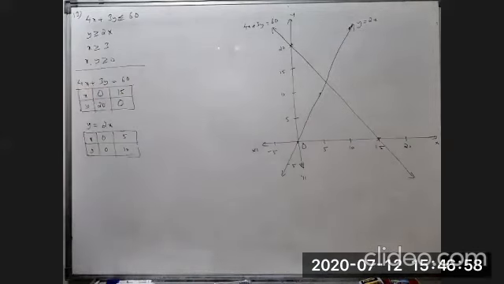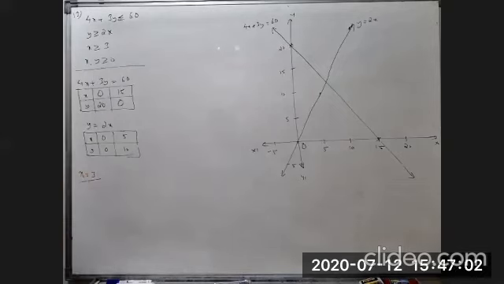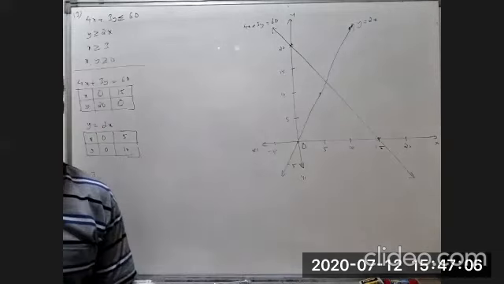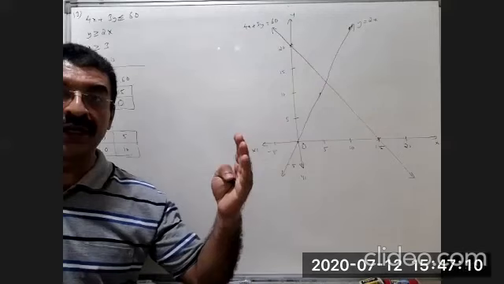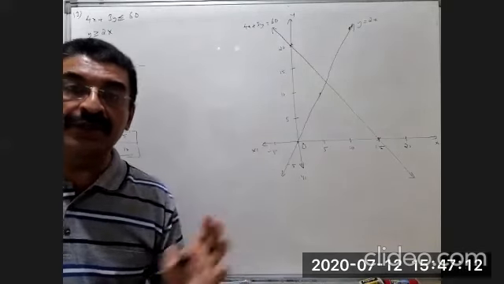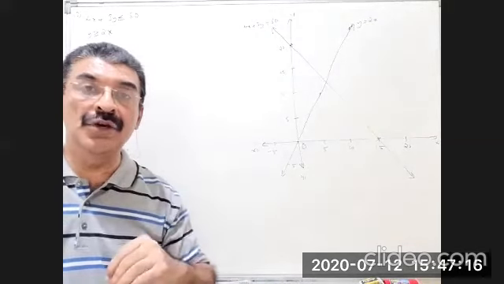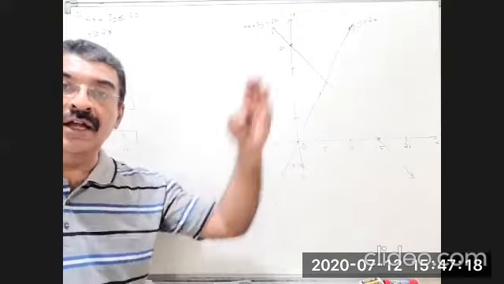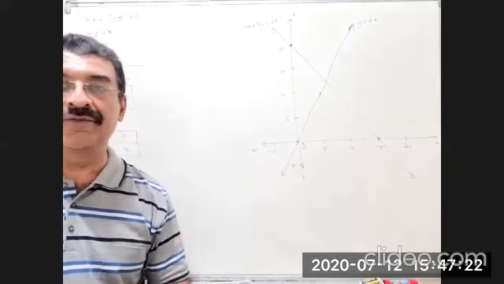X is equal to 3. Equation only in x means it is a vertical line. Remember those things. Equation only in x means vertical line. Equation only in y means horizontal line. And all those slanting lines will have both x and y together.